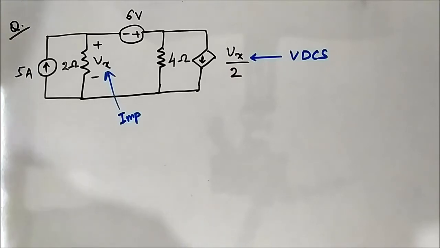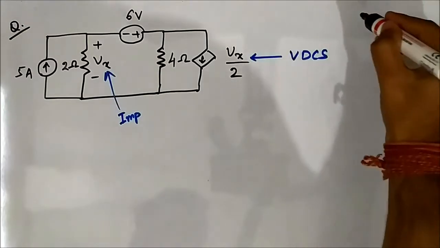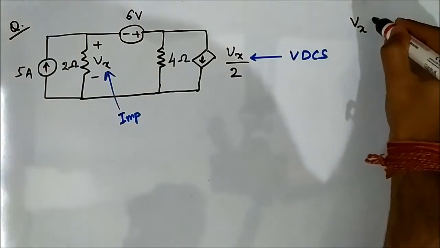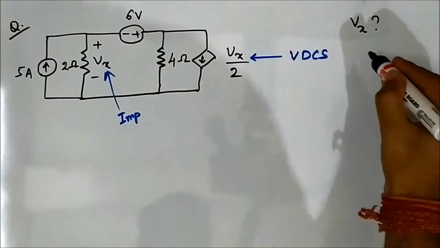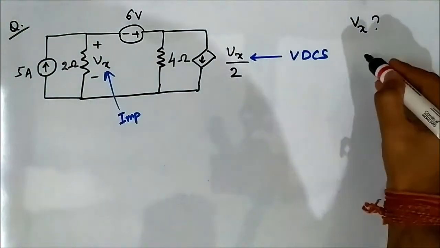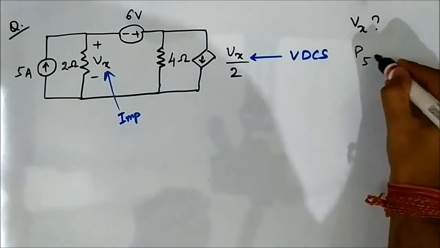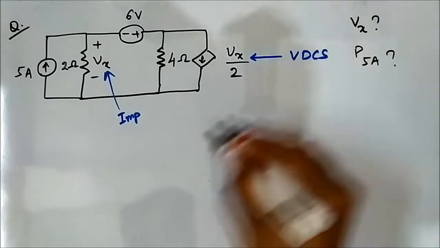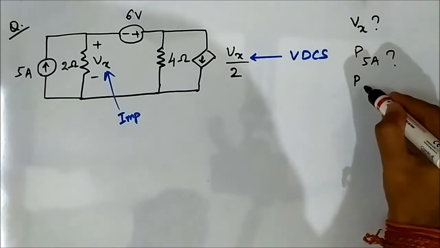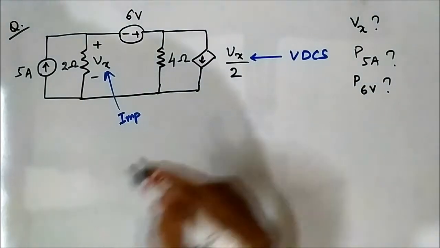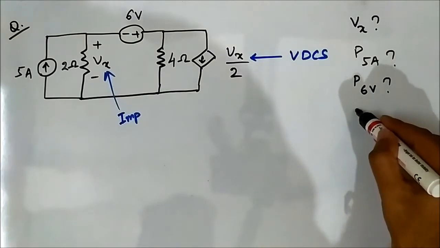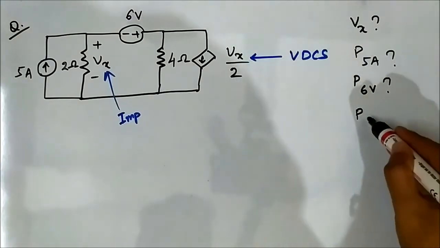Now, it has been asked in this question to find out Vx, then the power supplied or absorbed by the 5 ampere independent current source, the 6 volt independent voltage source, and this dependent current source.